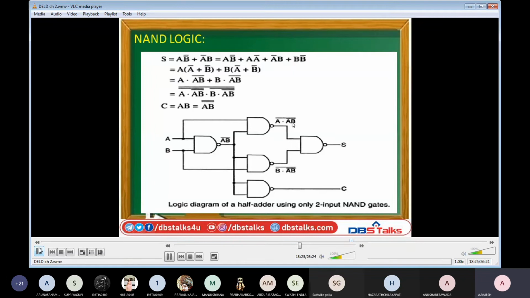And this AB complement is given as input to another NAND gate along with B, that is B into AB complement, whole complement. So these, I'll write something in order to remember. Let it be 1, and let it be 2, let it be 3, and let it be 4. Okay, and let it be 5.